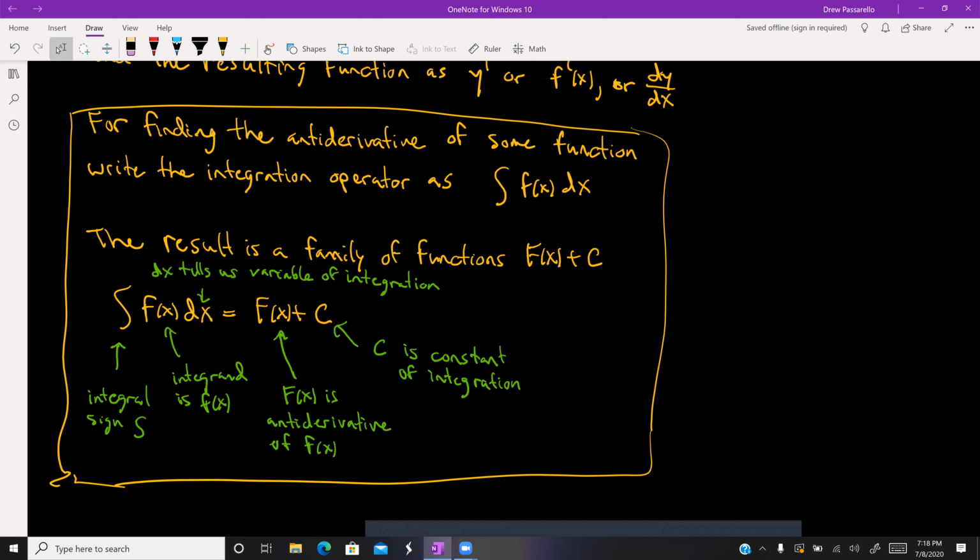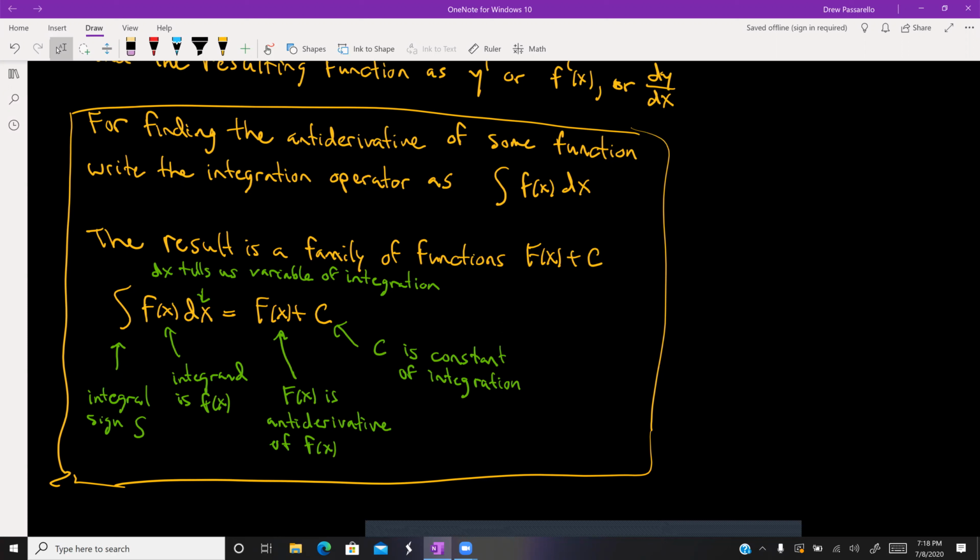So antiderivative is the same as integrating. The result is capital F of x plus c, where capital F of x is the antiderivative and c is the constant of integration. And that whole thing, capital F of x plus c, is a family of functions, which is sometimes just called the general solution.